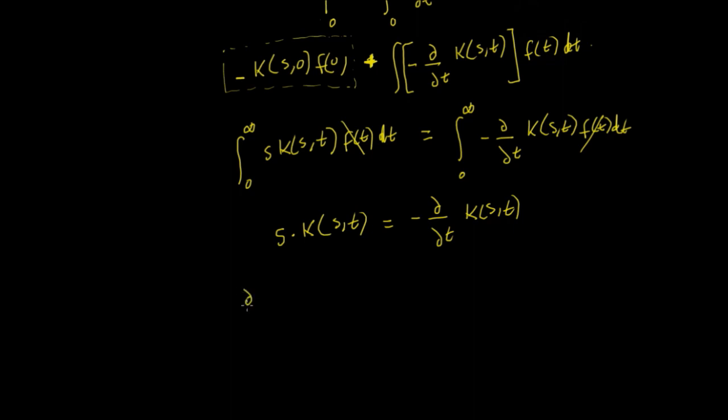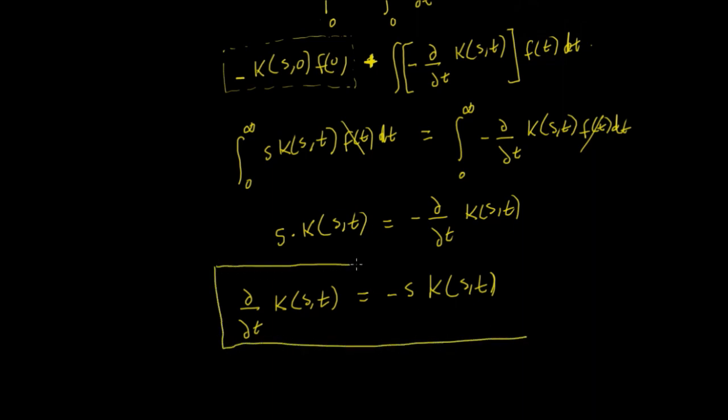So we can have partial by partial t of a function k of the parameter s and the variable t equals minus s times k of s t. Okay, so that's a little differential equation that we have. Now you can work out the answer to that quite quickly, because we're looking for a function that whenever you differentiate it, you end up with the same function but just times a constant value s.